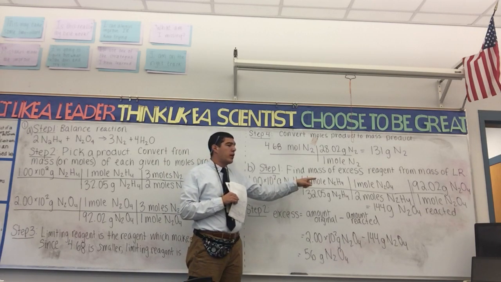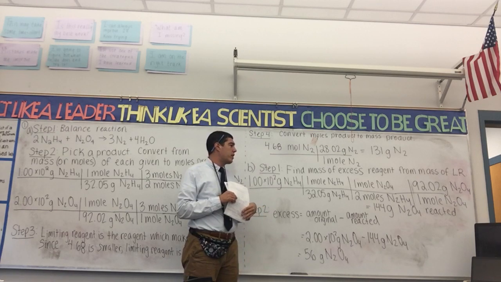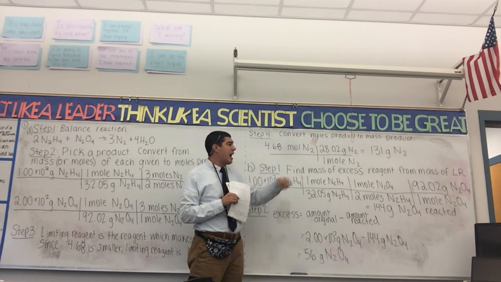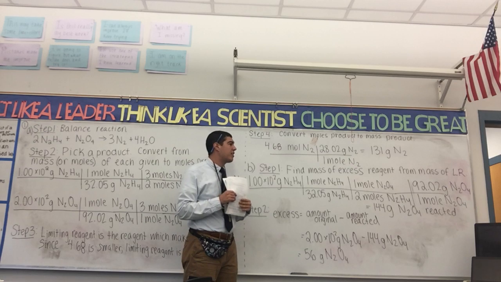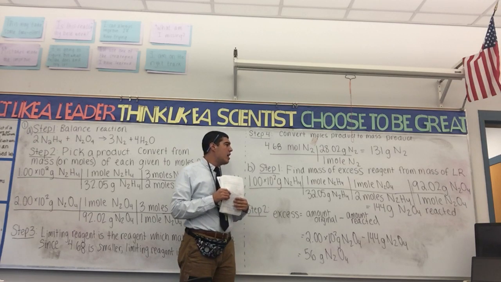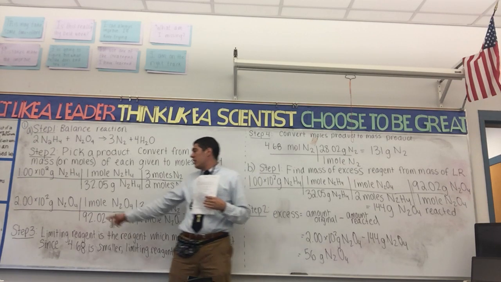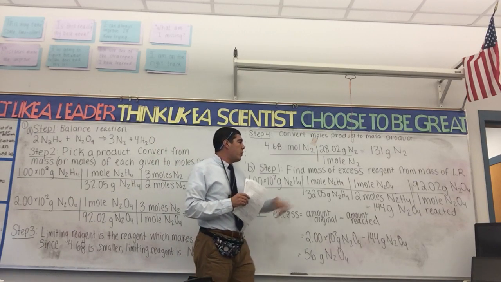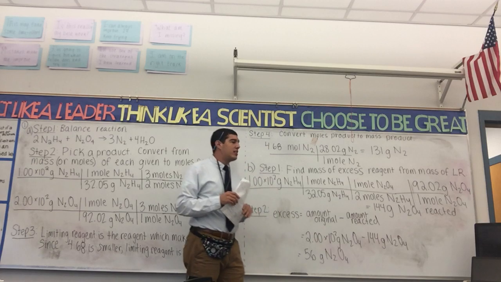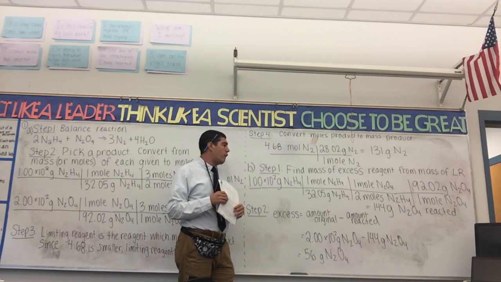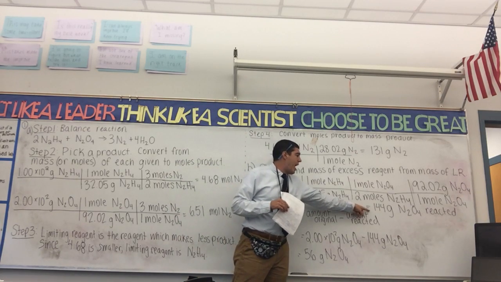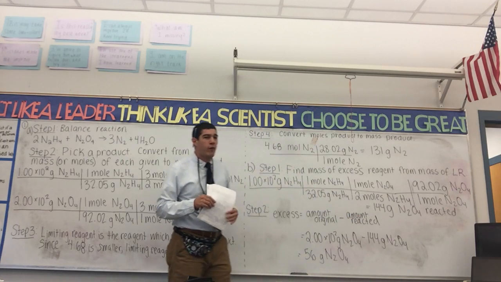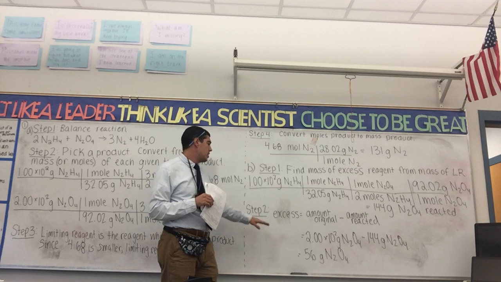Then we use our stoichiometric ratio from the balanced reaction. And last, we use the molar mass of N2O4. Since we just said that N2O4 is the excess reagent, we should be left with, in the end, the mass of N2O4. For that, we got 144 grams of N2O4 that reacted.